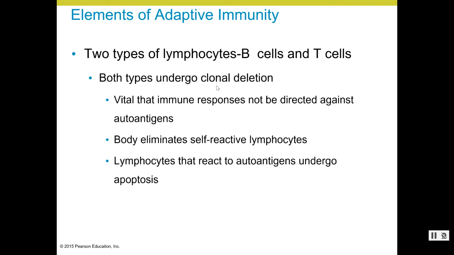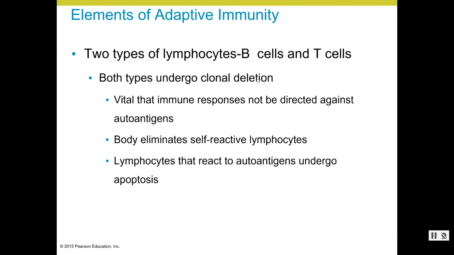The purpose of clonal deletion is to make sure that all of these T cells are actually able to do their job. We also want to make sure that they don't attack our own body cells. Again, these are the big guns. The adaptive immunity, the T cells, the B cells, are our big guns that are searching for targets.